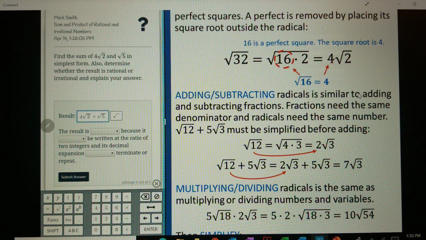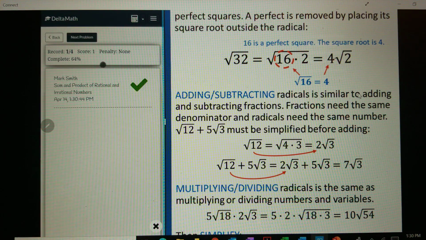So if you're adding irrational numbers, the answer is going to always be irrational, because it cannot be written as the ratio of 2 integers, and its decimal expansion does not terminate or repeat. The square root of 2 and the square root of 5 are very much like pi. Pi just goes on forever and ever, and so therefore it can't be made as a ratio. So we're going to submit that as our answer. That's a pretty long answer.